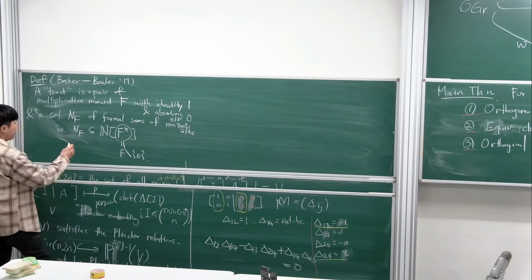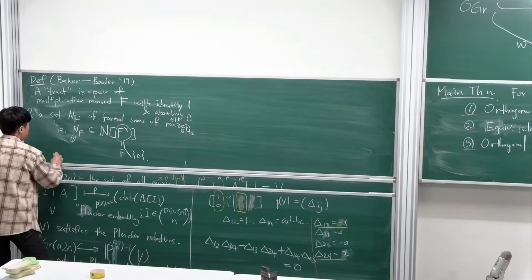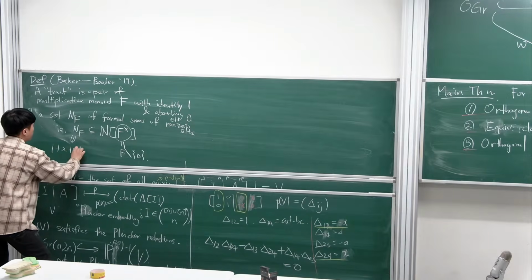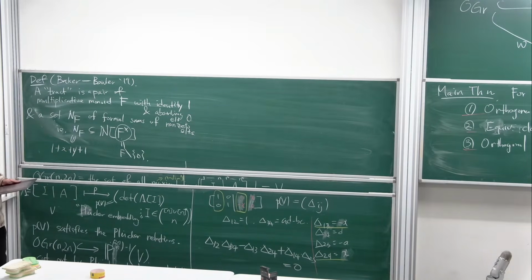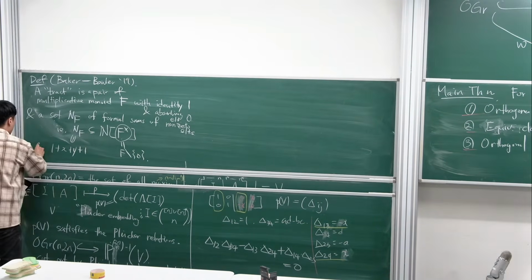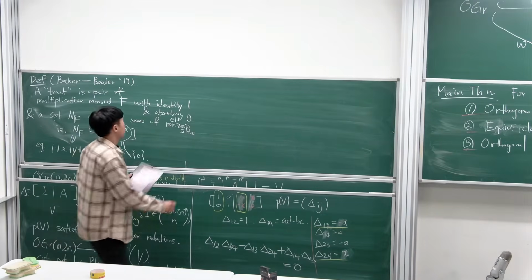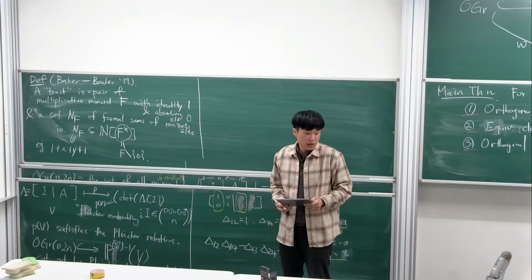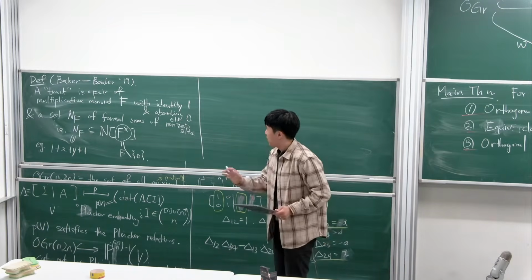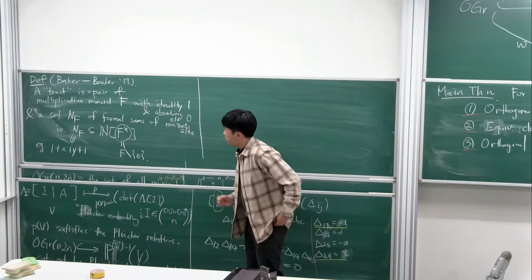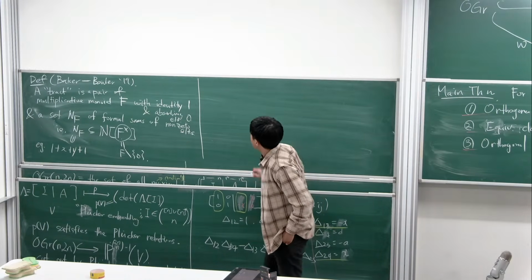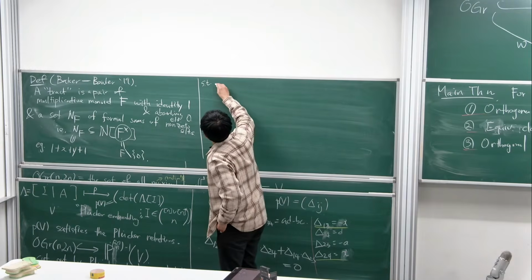What I mean is that you may understand an element in here as like 1 plus x plus y plus 1 plus and so on, with a finite number of terms. And here sum means it is commutative, right? Yeah, thank you. So this is a commutative formal sum. And together with certain axioms, which satisfy the 5 axioms.